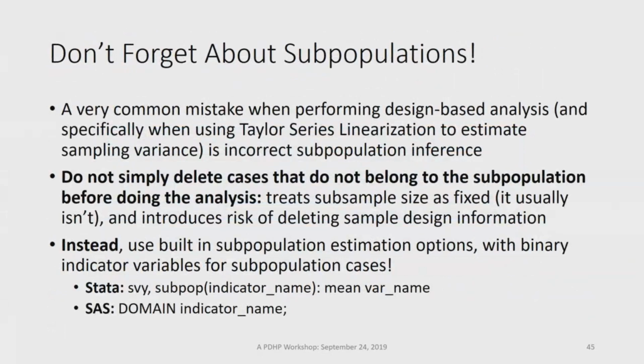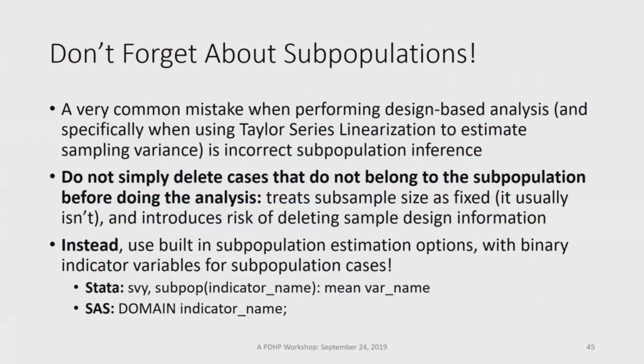So I mentioned the subpopulation issue. When you're using linearization, especially for variance estimation, the message here is don't simply delete cases that do not belong to the subpopulation. That's the critical point here. The approach to use in practice is to use the built-in subpopulation options that are available in these different procedures.